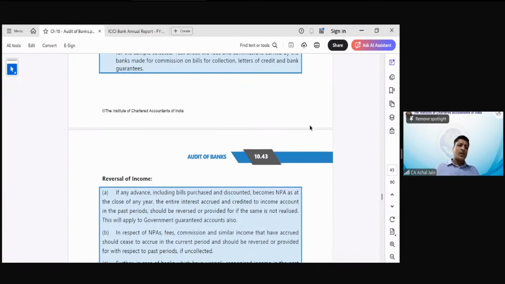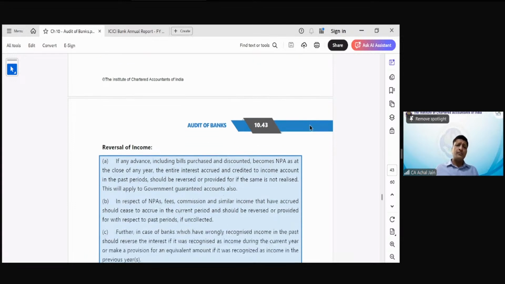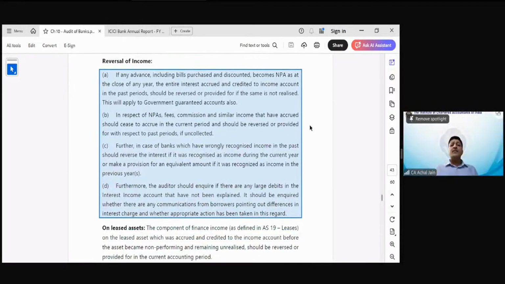Now, reversal of income. This could be an important area for you to understand. So, what is this reversal of income? See, if there is any advance and it becomes NPA, the entire interest accrued, you will reverse. Yes or no?